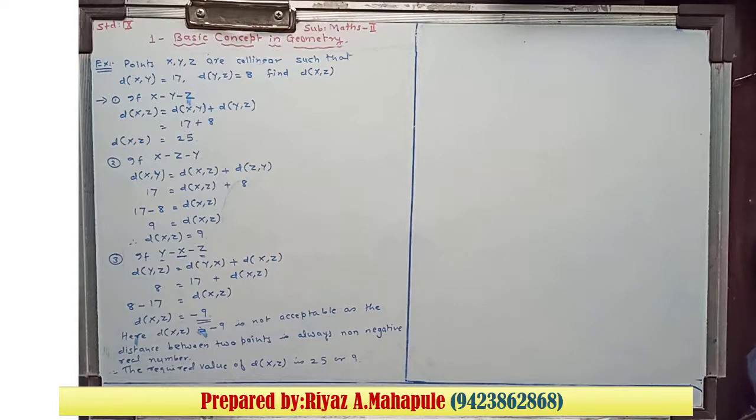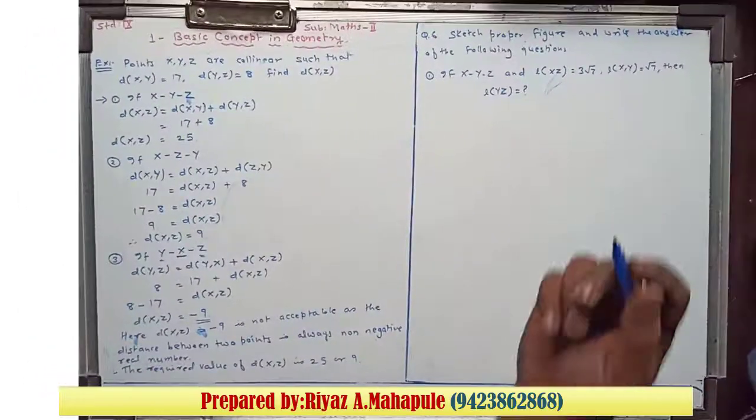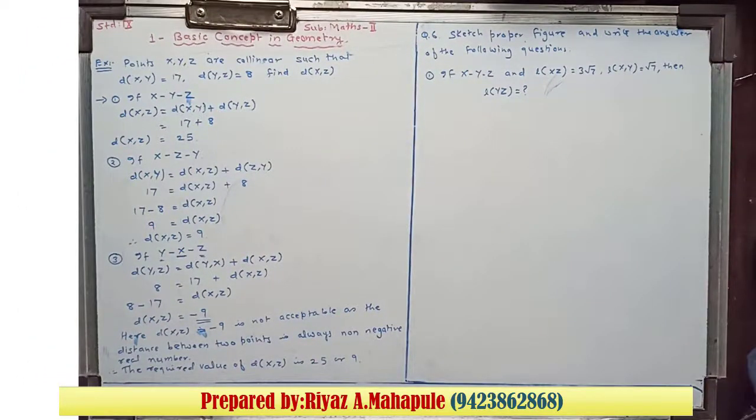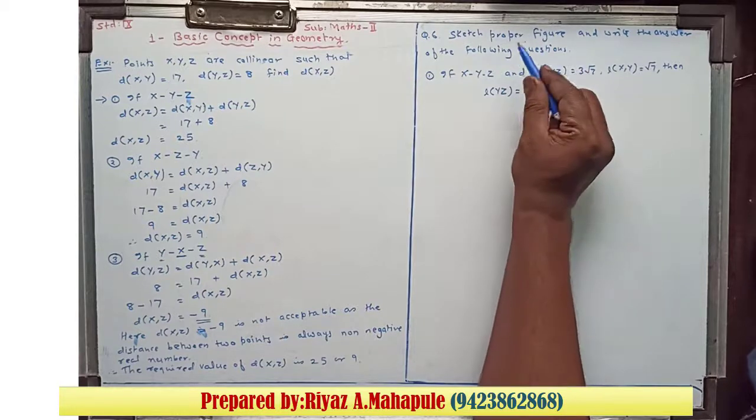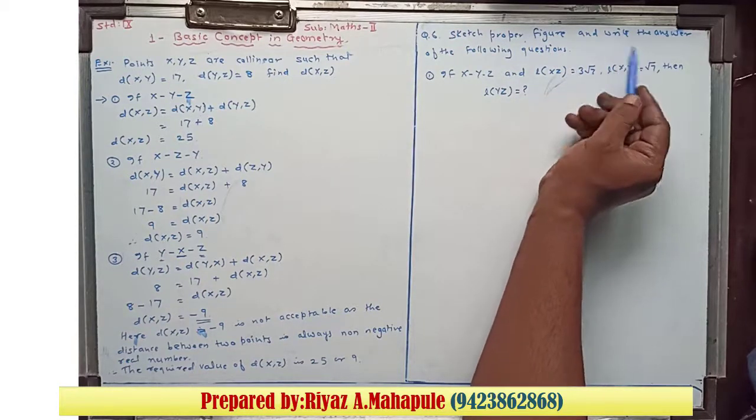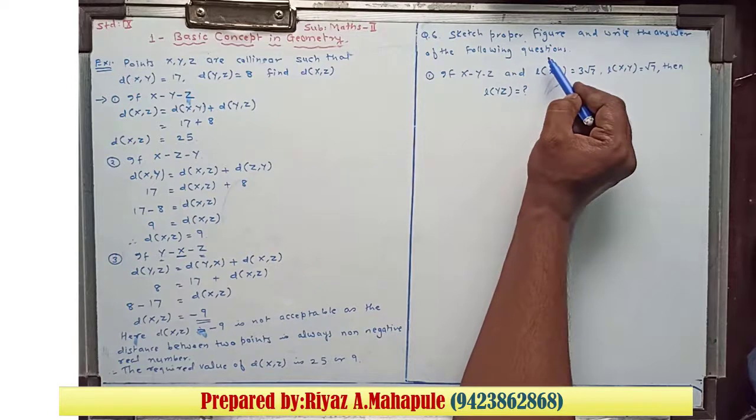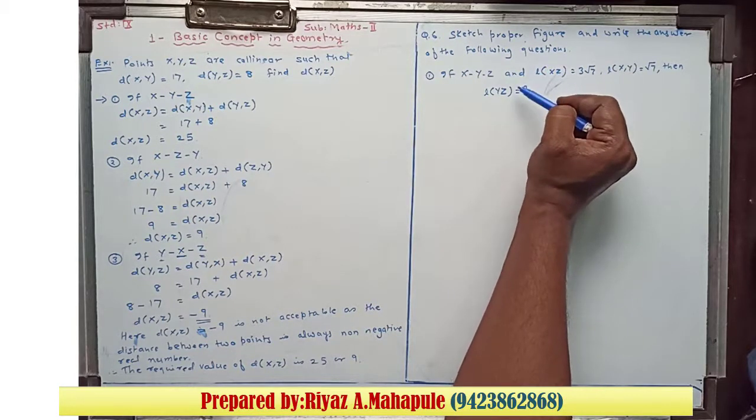Okay, so in this way we have to solve this example. This is example number 5. Same example you have to solve as question number 4. Question number 6 is like this: sketch a proper figure and write the answer of the following questions. Total 3 examples are given. Out of 3 I took here one example, remaining 2 examples you have to solve.